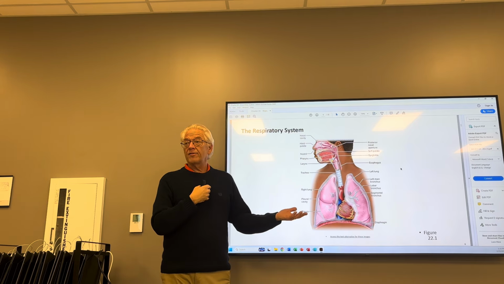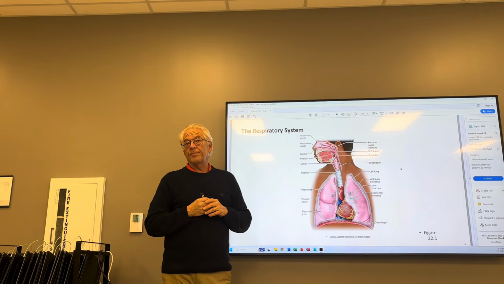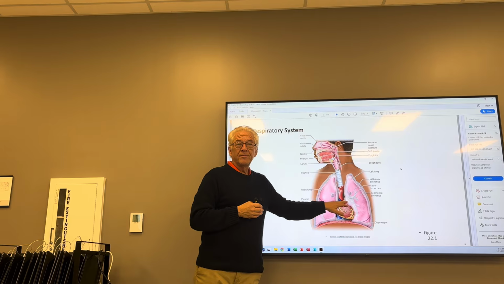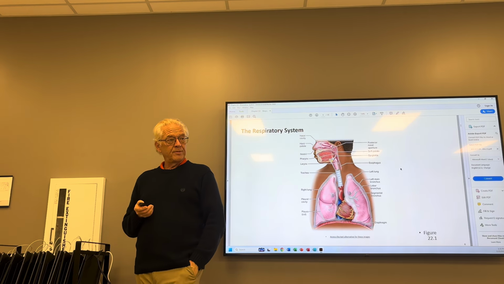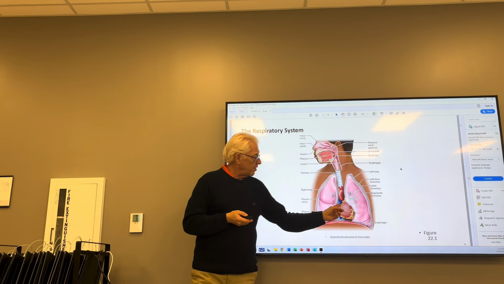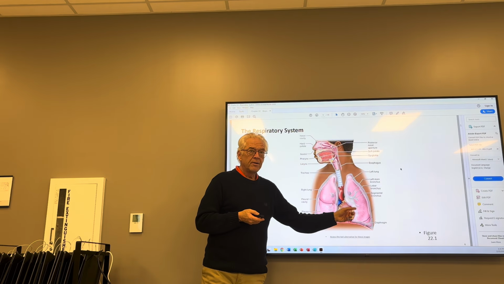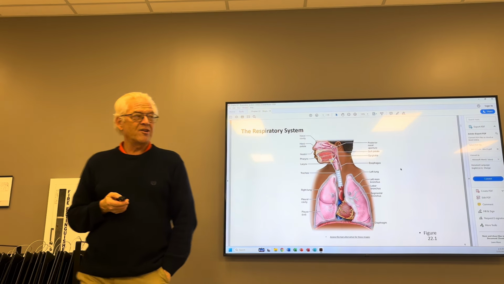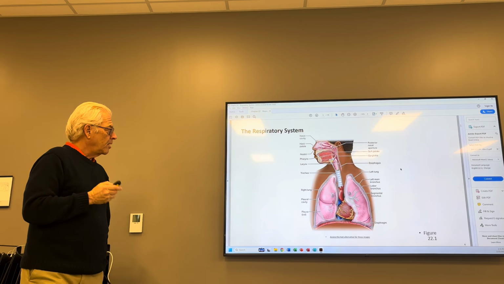How many on the left side? 2. Why not 3? The heart takes up so much space, we can't put a third lobe. And because the heart is there, you see that cutout right here? That's called the cardiac notch. Okay? We've notched it out for the cardiac.